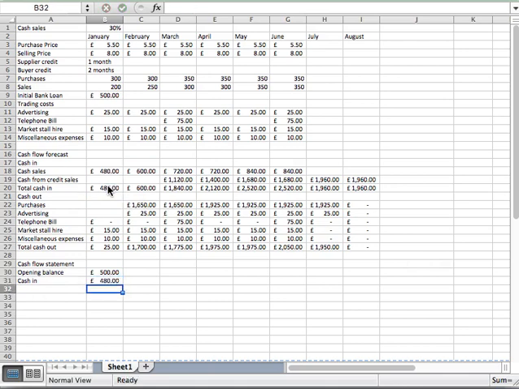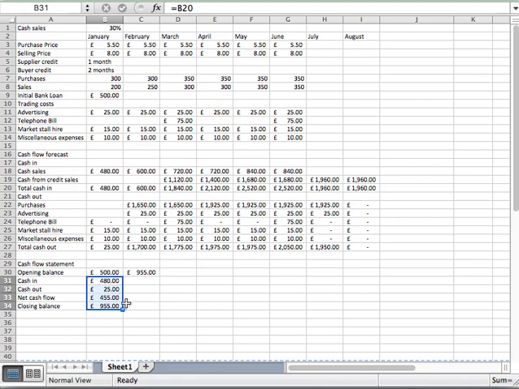Our cash out is our total cash out. And we can have a net monthly cash flow. Net cash flow equals the total cash in minus the cash out. And then the closing balance is the opening balance plus the net cash flow. Then our opening balance for the next month equals the closing balance of the previous month.